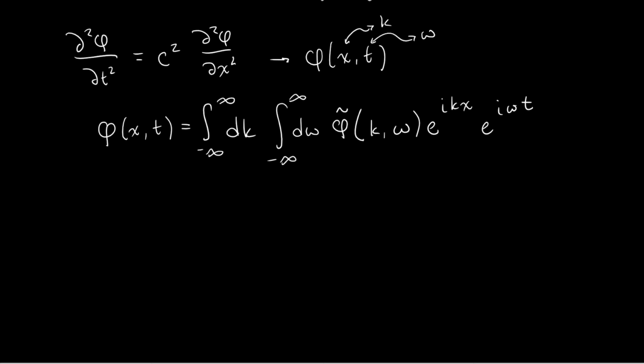Okay, so now I just do the same thing that I did before. I take derivatives. I know that my derivatives get replaced with i times whatever the respective conjugate variable is.